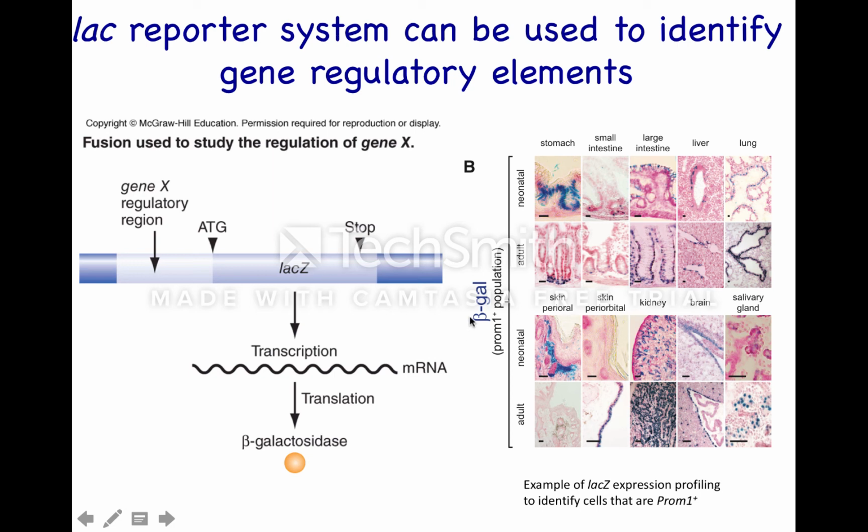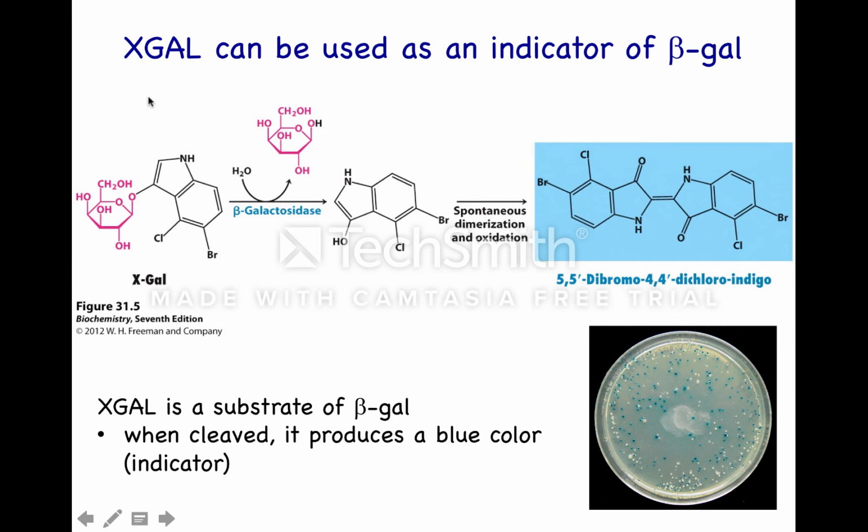There's a particular substrate that you can give to beta-galactosidase that produces a blue color, and that is called XGAL. So this XGAL, if you put this into the medium, if beta-galactosidase is present, it processes this XGAL into a colored blue product. So whenever you see blue, you know that beta-galactosidase has been expressed.